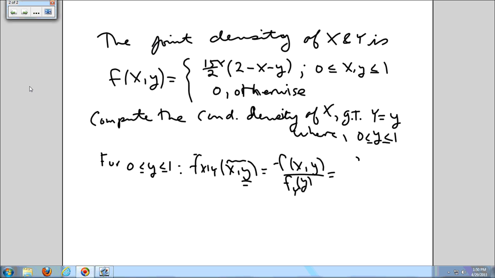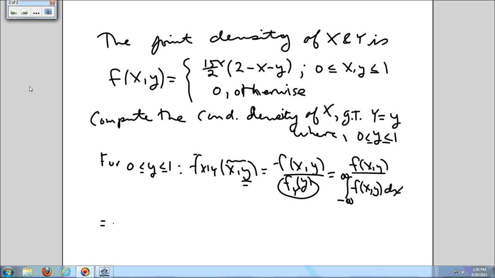And this is equal to f of x, y over the integral from negative infinity to infinity of the PDF. It's going to be the integral of f of x comma y, but only x's change.